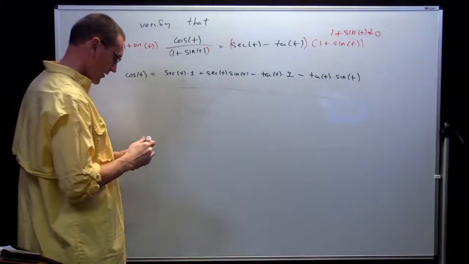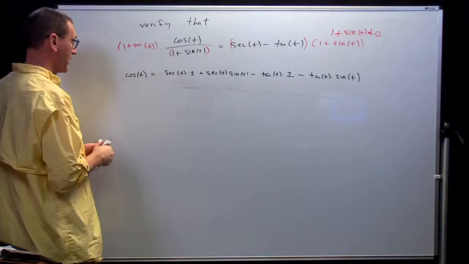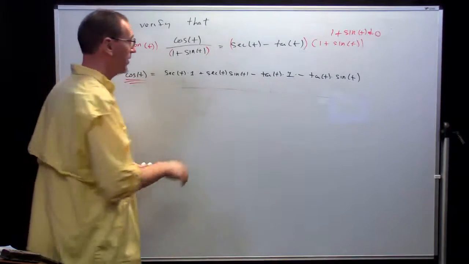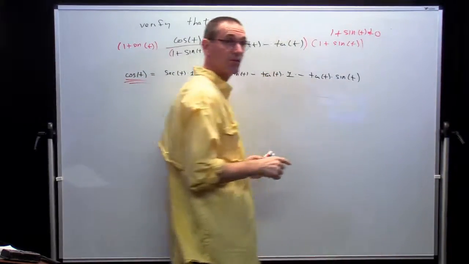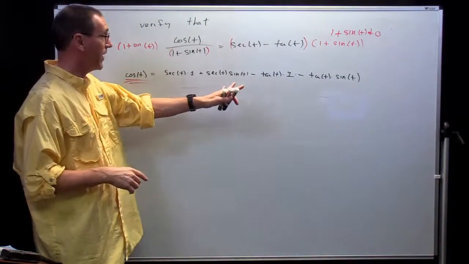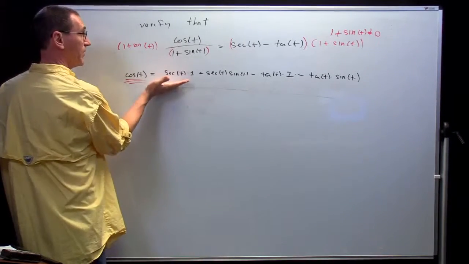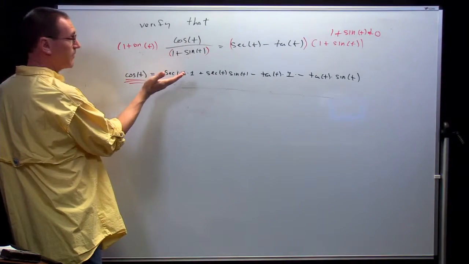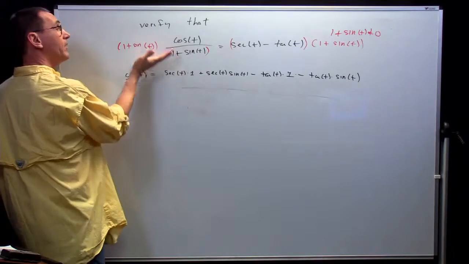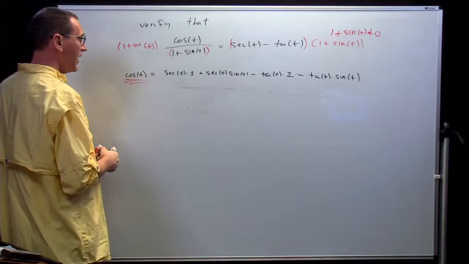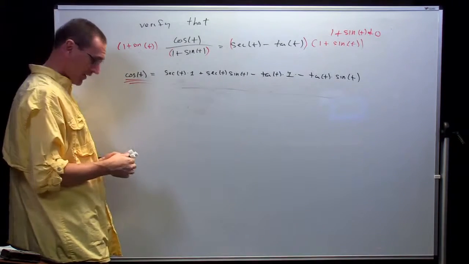Okay. Now let's see. So this left-hand side again, I can't do much with that. So I'm going to hope that all of this boils down to just being cosine. If everything on the right is equal to the cosine, I have cosine equals cosine, and then I can do my algebra steps backwards to get to that, which is going to imply that that's true. All right, so let's see. I'm going to put everything in terms of sines and cosines.